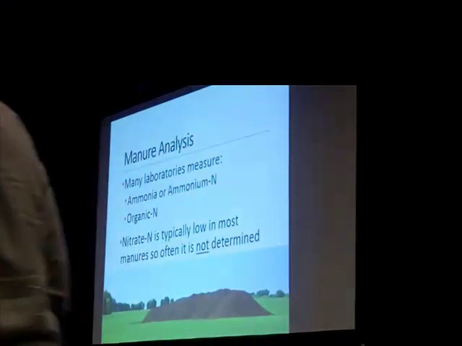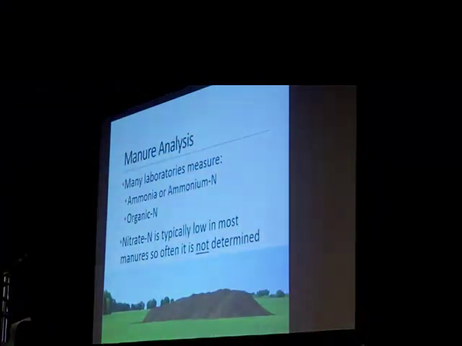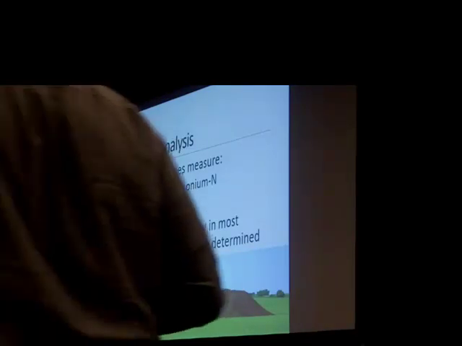So we're basically dealing with what's reported as ammonia or ammonium nitrogen and organic nitrogen. There are also some urea and urea-like compounds in manures, and they're generally represented in the organic nitrogen fraction. Their availability would be more like ammonia or ammonium.